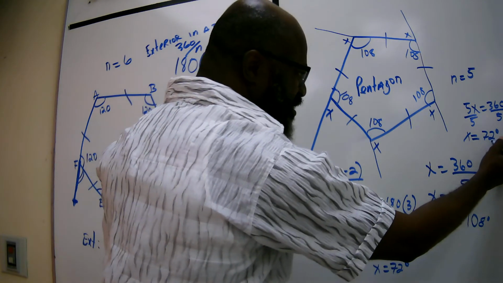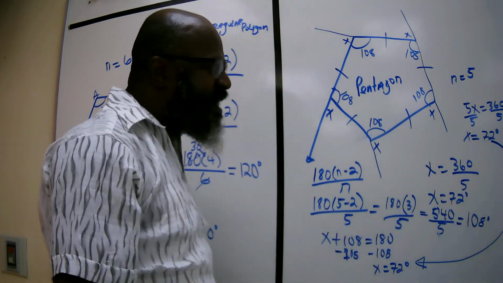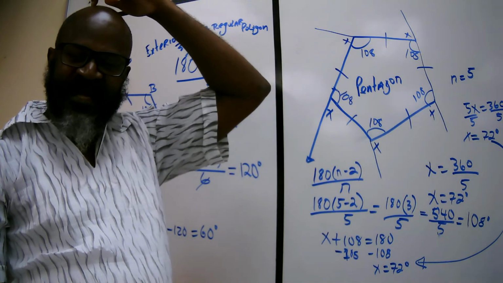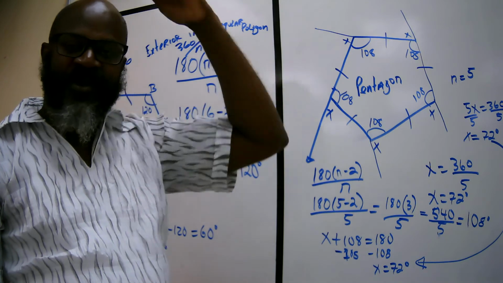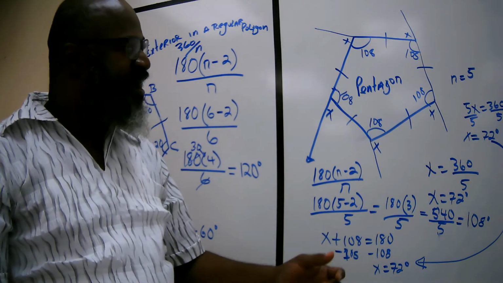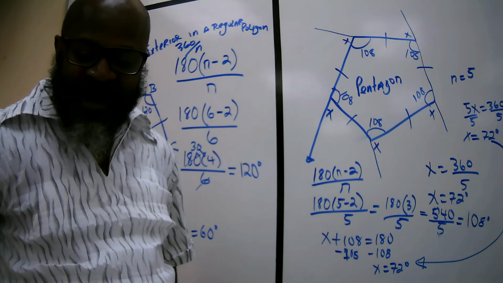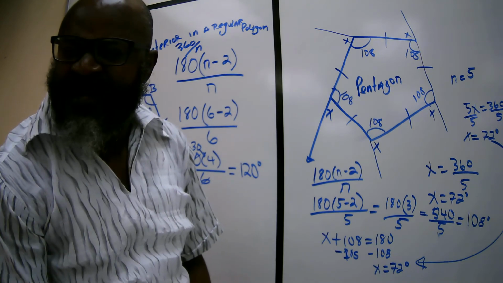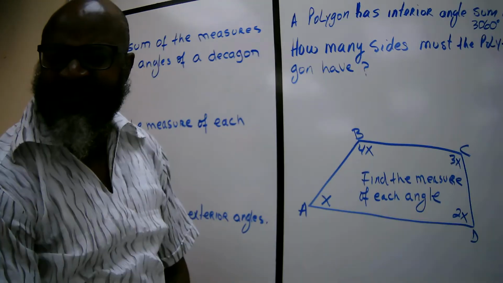Either way, this is the most effective way of doing that, because you're doing it directly. To do it directly, you have to know the formulas. That the sum of the exterior angles is 360. Since it's a regular polygon, each angle is the same. In this case, you divide 360 by n, that will give you the exterior angle in a regular polygon. Alright? So that's how you do those problems.